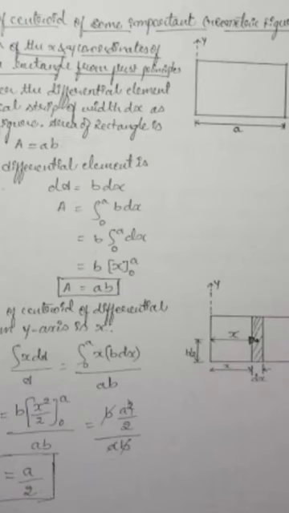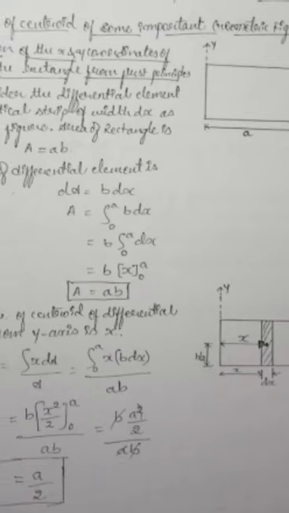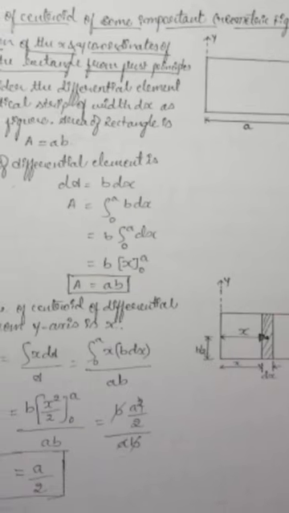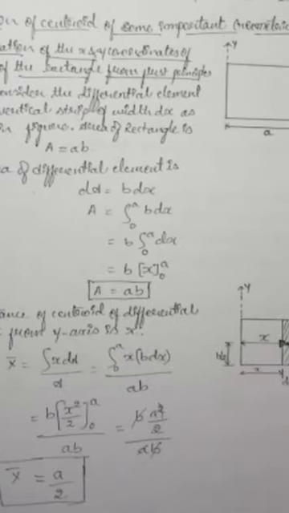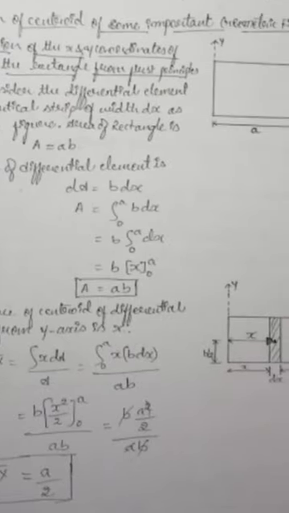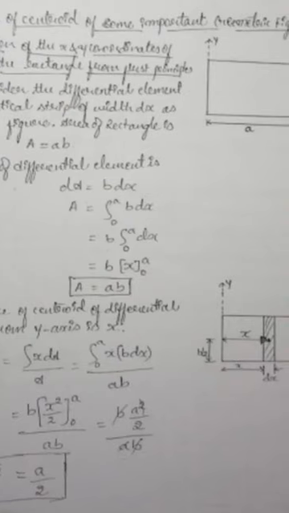We have already determined dA at the top: dA is equal to b into dx, the area of the differential element. So I am substituting the value of dA as b dx.